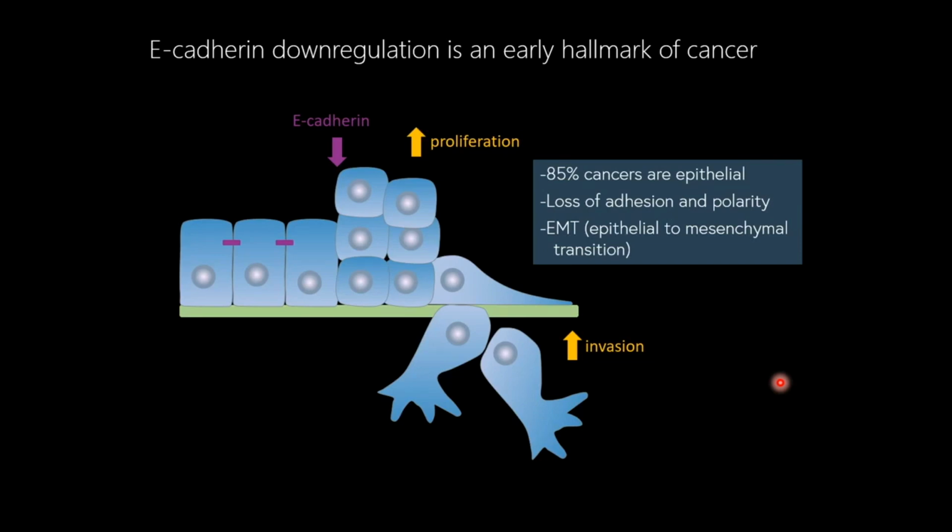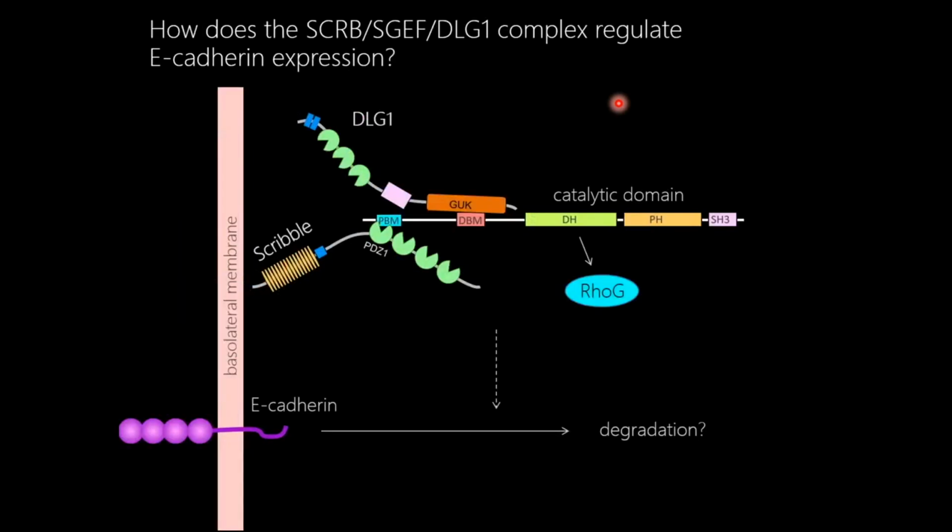And typically this is initiated by a loss of E-cadherin. So there's a lot of interest in understanding the mechanisms of E-cadherin downregulation, because this can shed light on how we understand the early progression of cancer.